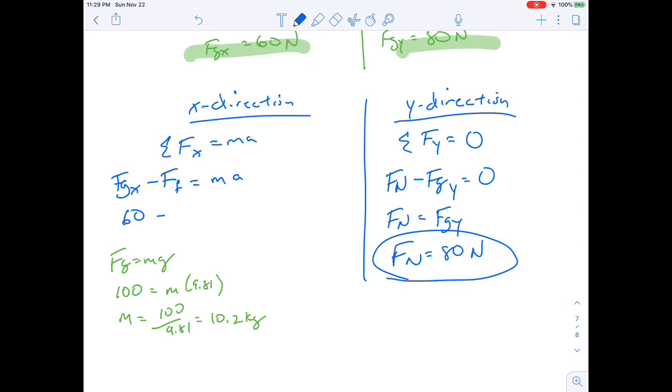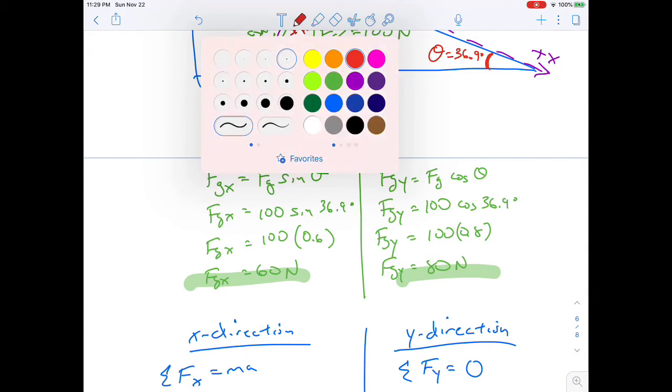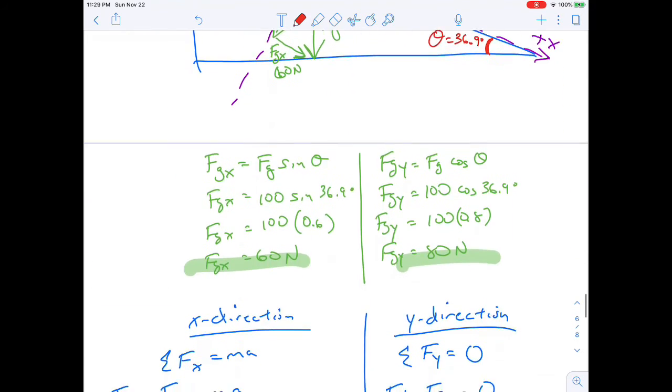The frictional force, since it's kinetic, is equal to mu k times the normal force. That's equal to ma. Now, I should technically have said that this was mu k. That's a little sloppy, sorry, but you get the idea.